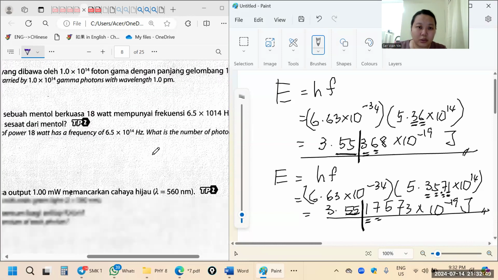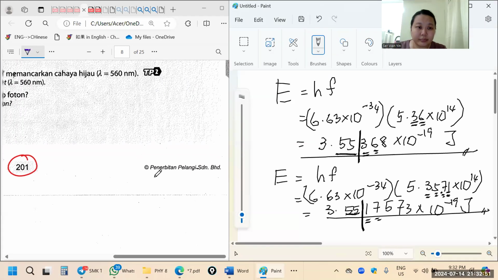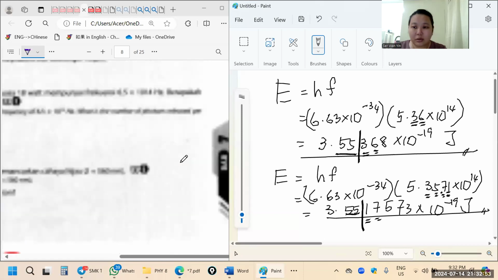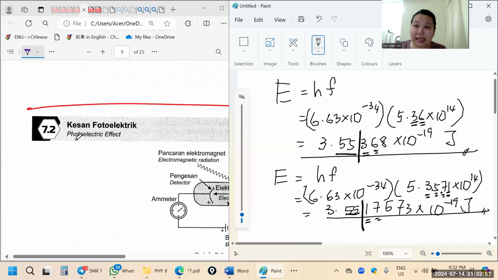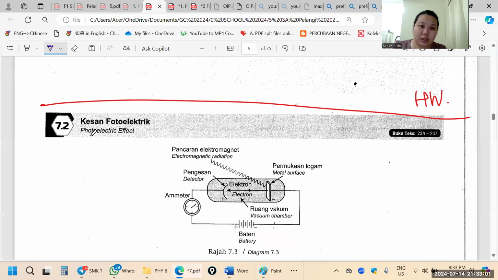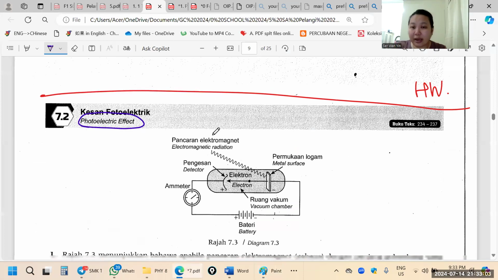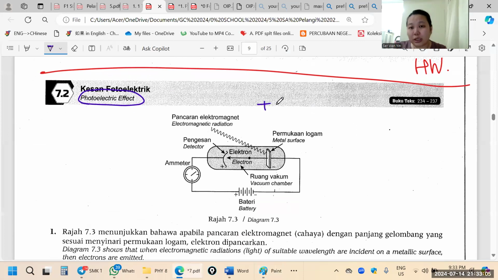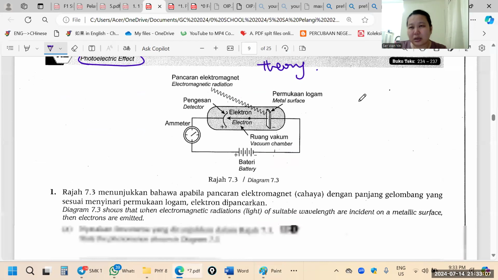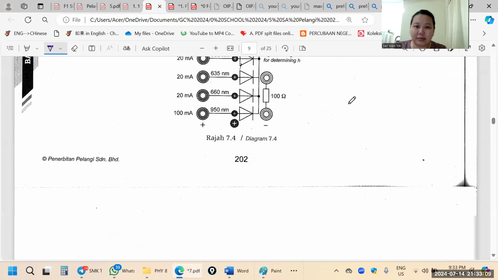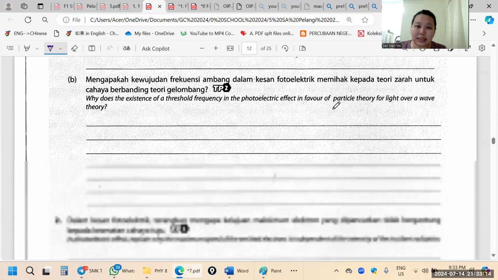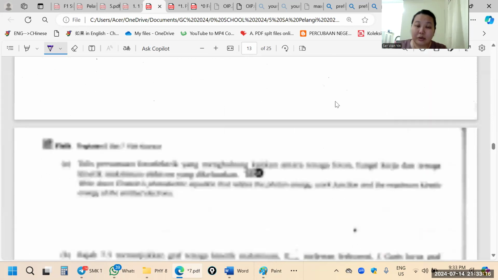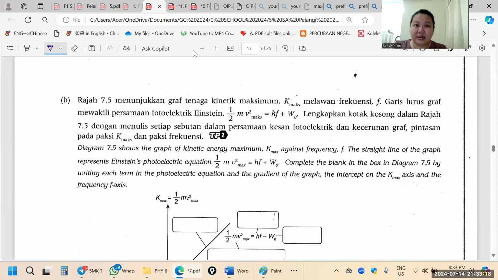Okay, so your homework is like that. I think next week we can finish chapter 7 and get into chapter 6. Next week we are going to learn photoelectric effect. First we learn theory, not hard, and then we are going to calculate it by using the combined formula.